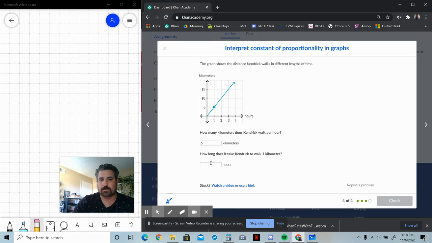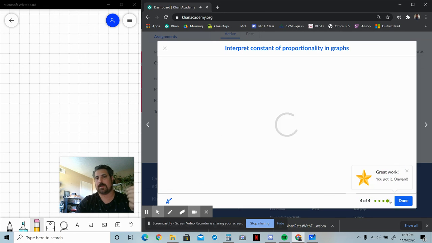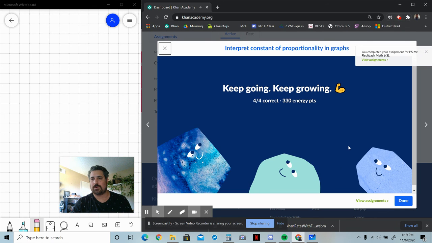So 1 over 5 is 0.2. If you divide 60 by 5, you get 12, so 12 minutes, or 0.2 hours. Okay, so this is hours, so 0.2, or you could think of it as 1/5, same thing. And that's how you do it.